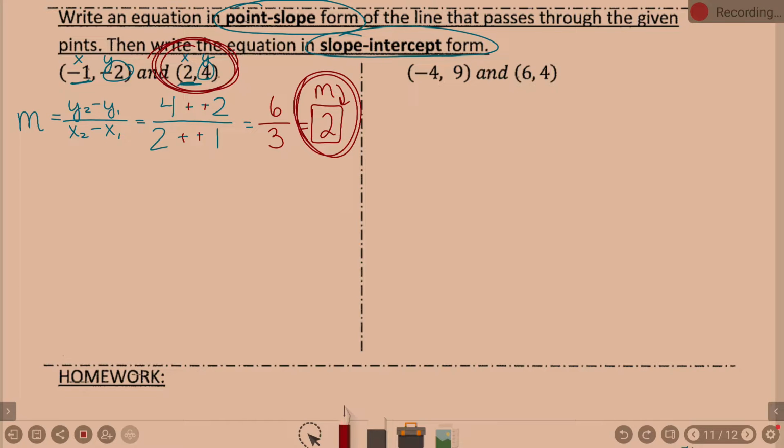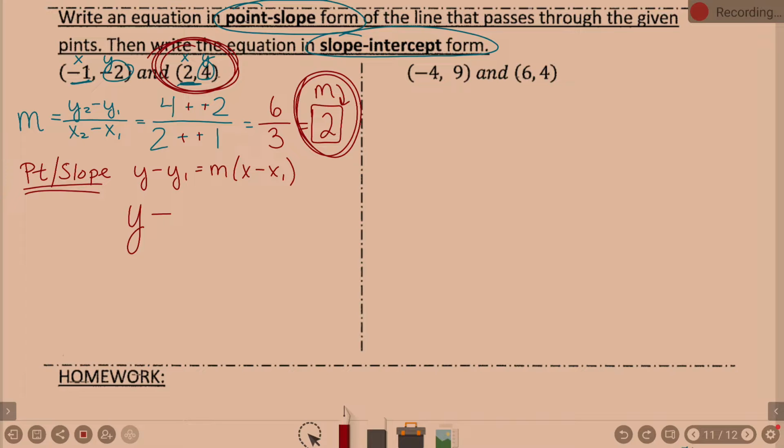And we're going to write point slope form. Point slope form is y minus y1 equals m times x minus x1. So y minus, what's my y value?